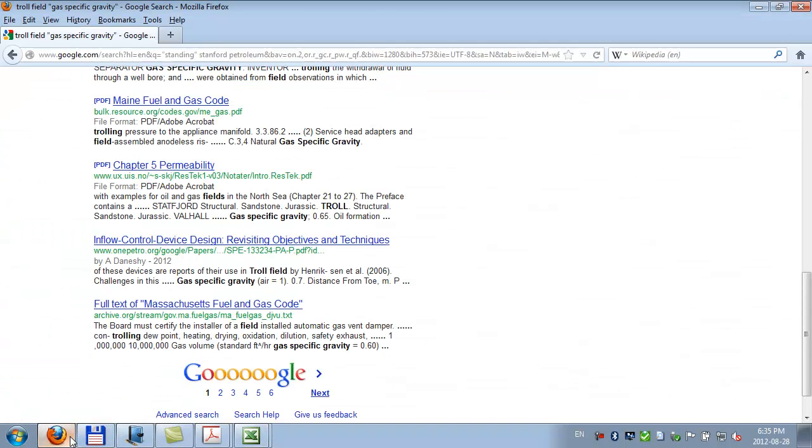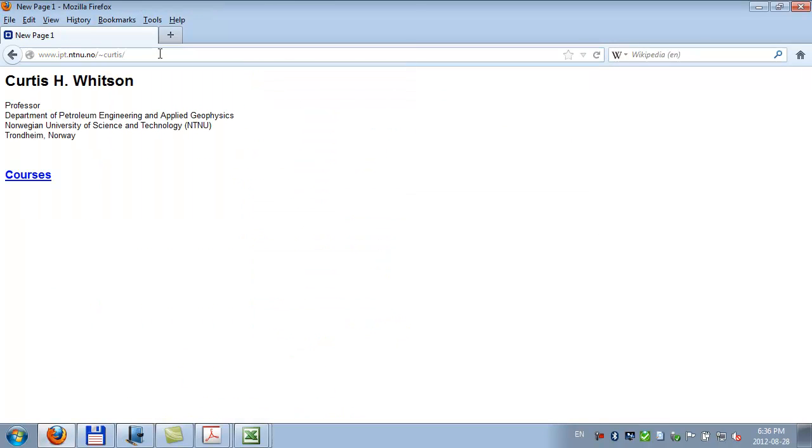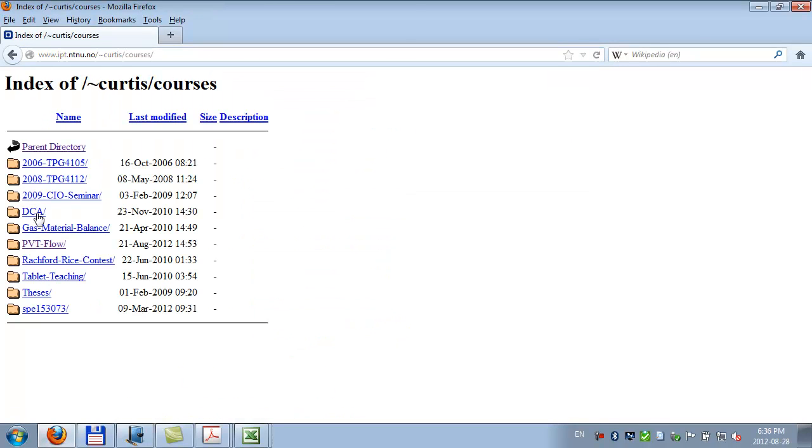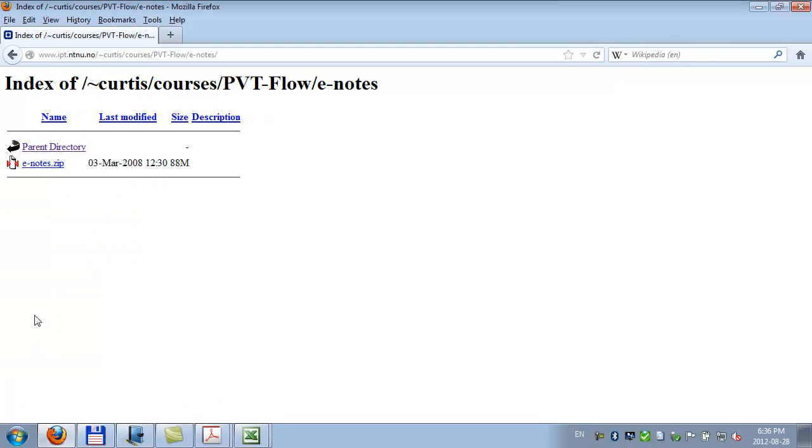I think if you want to get this set of E-notes, then what you have to do is go on to the website. Under courses, PVT flow, and there it is there. It's a single zip file.